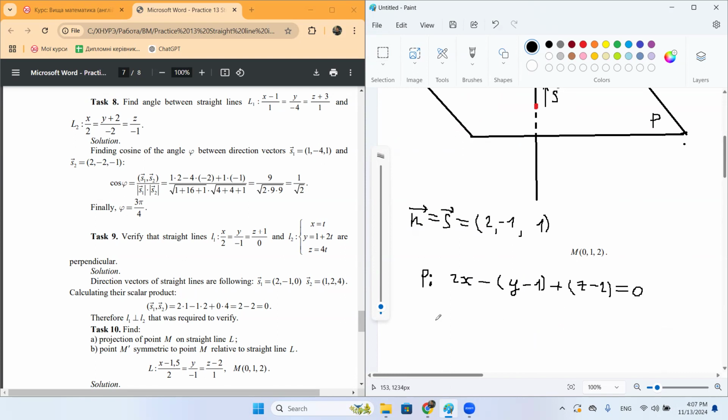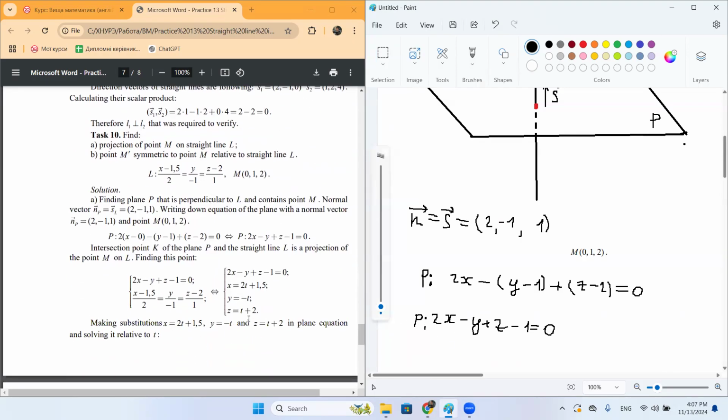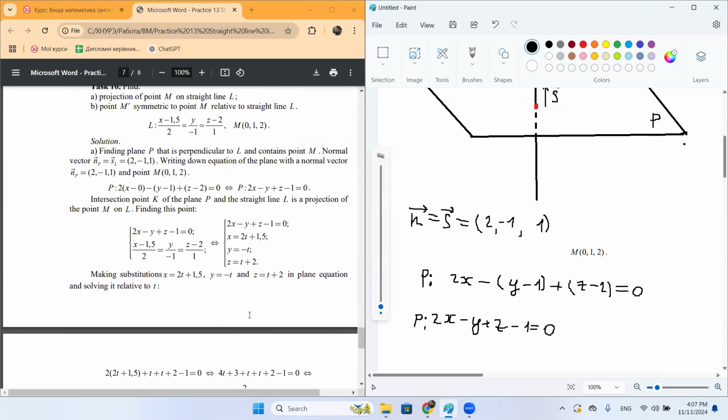And now let's expand. 2x minus y plus z, so 1 minus 2, so -1 equals 0. So this is the general equation of plane P. And yeah, let's check that, everything is correct.